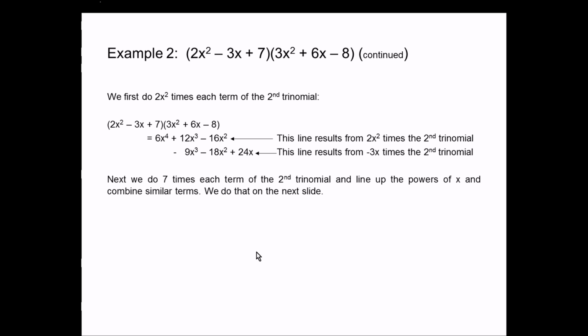So now we're getting ready to do 7 times each one of the terms of the second trinomial. Notice when I distribute 7, it's going to start with 21x squared. It's going to line up with the x squareds. So I should have 21x squared plus 42x minus 56.